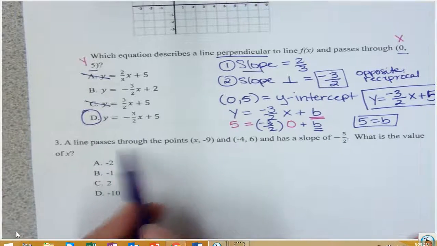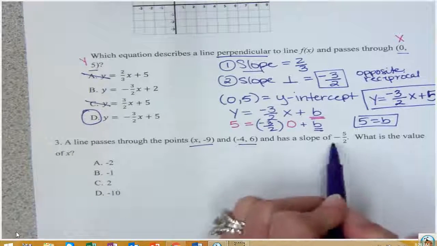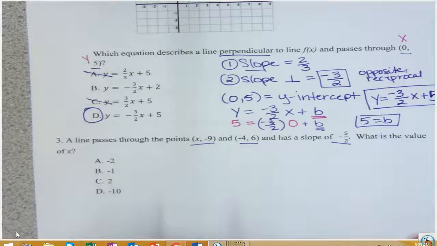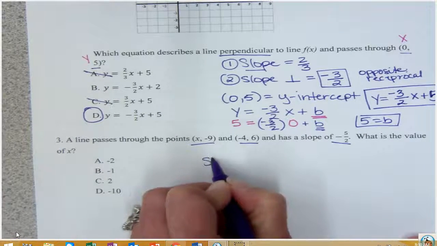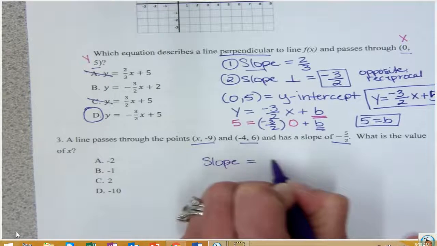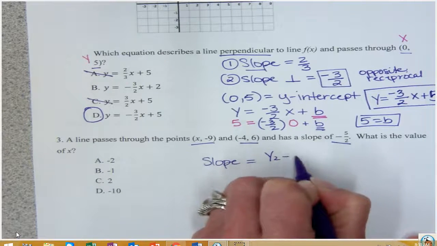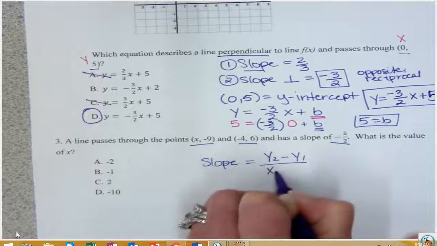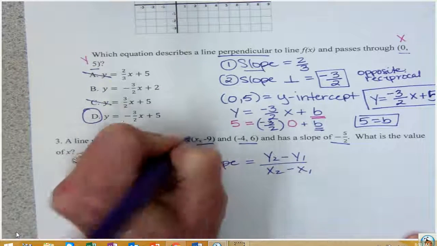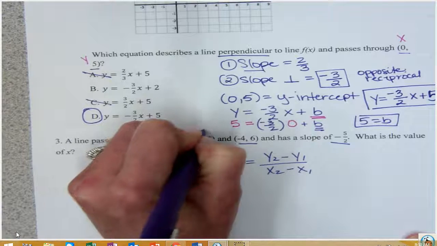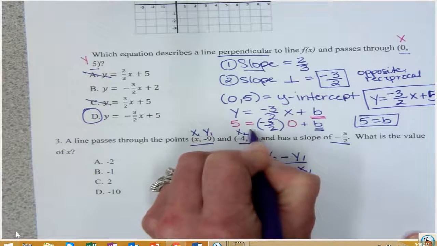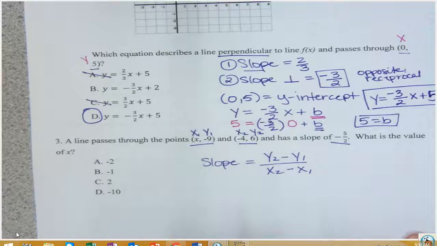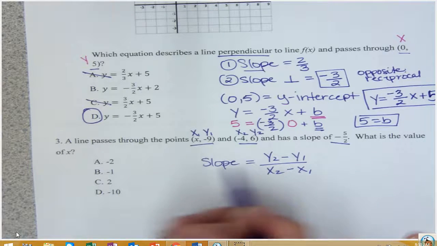Okay, same here. A line passes through this point and this point, and it has a slope of negative 5/2. What's the value of x? Well, the way you figure that out is you know that your slope equals y2 minus y1 over x2 minus x1. Here's your x1, here's your y1, here's your x2, here's your y2. So I can just plug everything in.